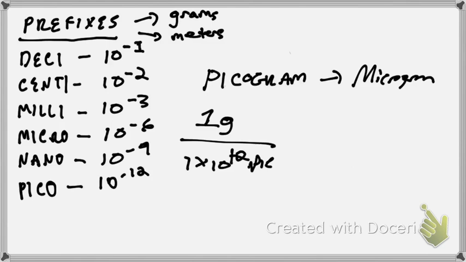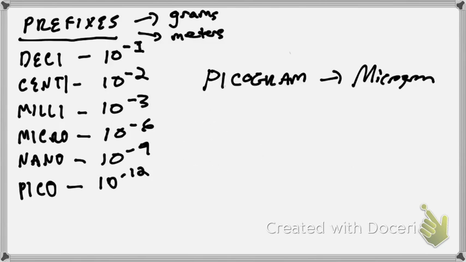Then from there, actually, let me just go ahead and erase that. Let's just say we have a certain amount of picograms. Let's say we have 5 times 10 to the negative 12 picograms, and we need to convert this to micrograms.